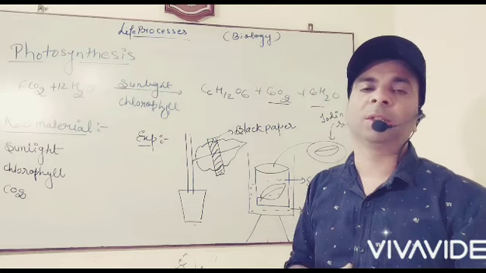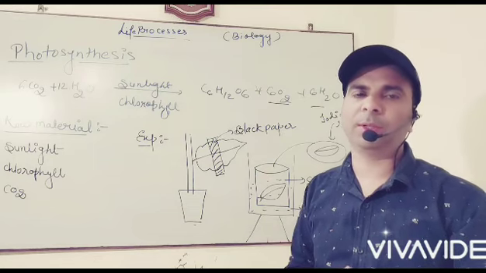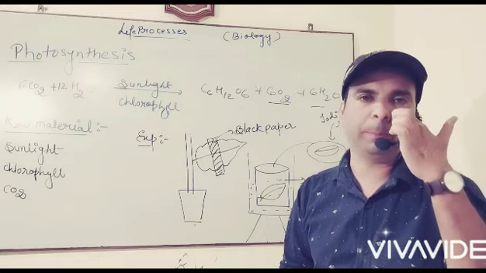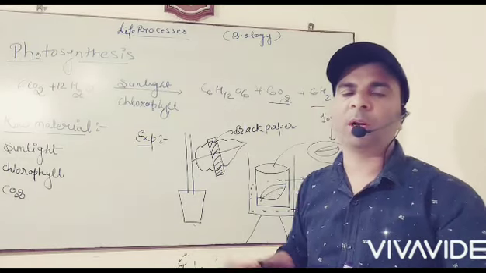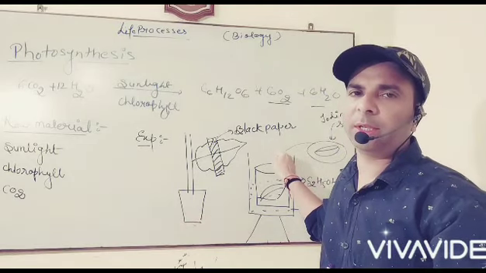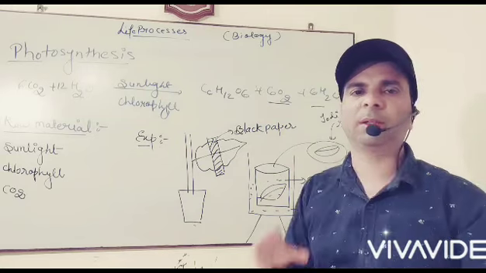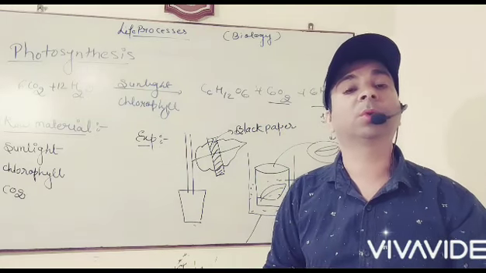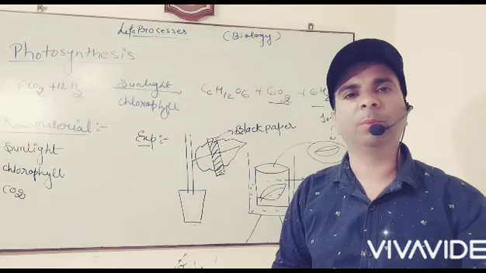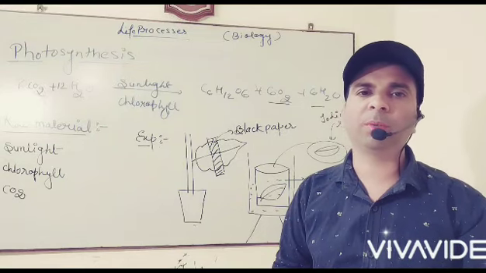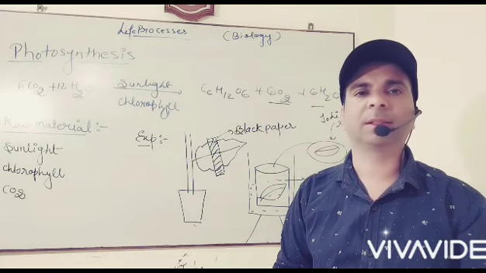Take iodine solution. What is the color of iodine solution? Iodine solution is reddish brown in color. Now put 2 to 3 drops of iodine solution over the leaf. You can observe that the portion with no covering turns blue black, and the portion that had the covering of black paper stays colorless.